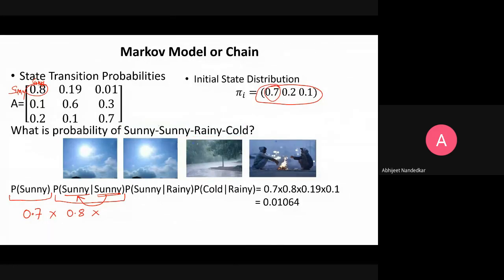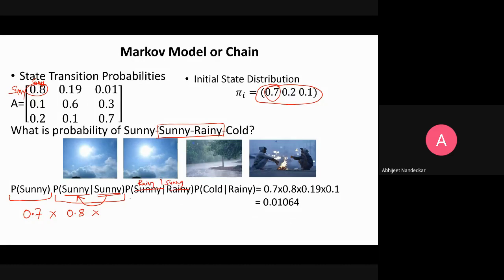Next, multiplied by the next step, which is from sunny to rainy. So I am taking this pair now. The current state is sunny and the next state is rainy. So I should write rainy given sunny.